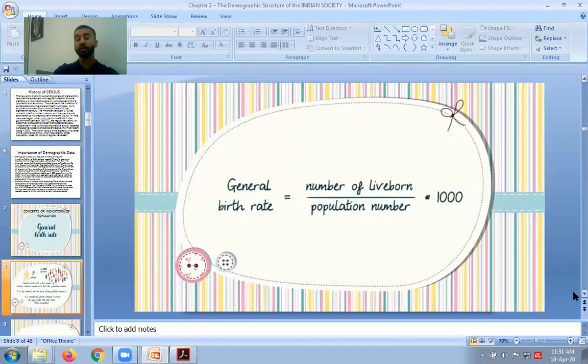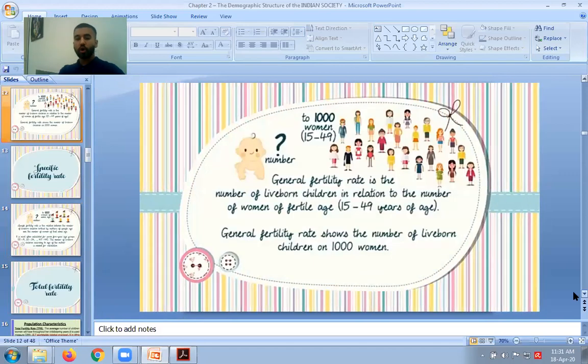It was important for all of you to understand these common concepts, because today you're going to see the usage of these concepts or indicators in the two theories that I'm going to discuss with you: the theory of demographic transition, and the second one, the Malthusian theory of population growth. So we're going to do these two theories.